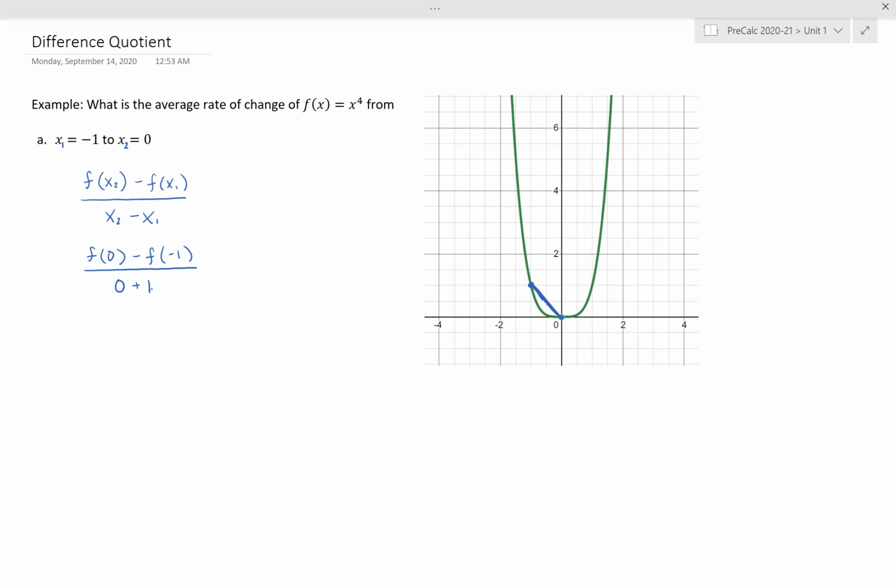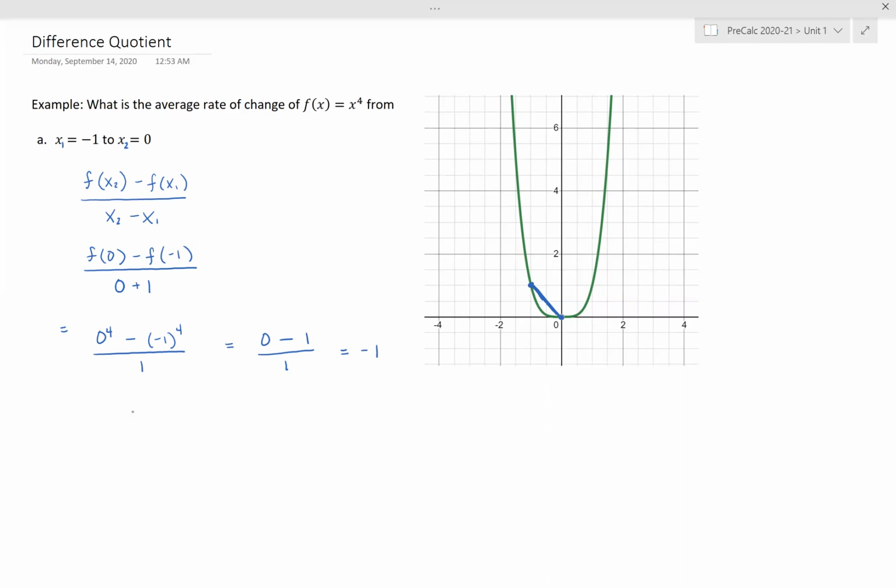Okay, well, f of 0 is, just plug 0 right into our function, right? 0 to the fourth. F of -1 would be -1 to the fourth. I'm just going to simplify that denominator down. We get 0 minus -1 to the fourth would be a positive 1, which would reduce everything down to -1.